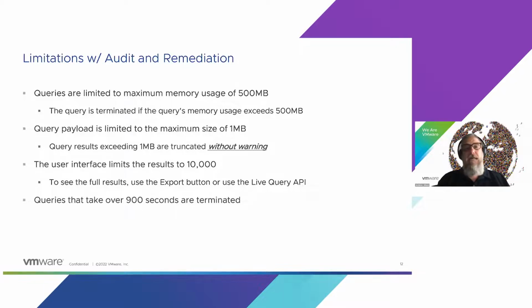Queries that take over 900 seconds are terminated. What we see happen a lot is people leveraging the Yara table are not being as prescriptive as they should be. They're trying to run a Yara query against an entire file system. Those will typically time out, both from potentially exceeding memory usage, but also because the query is taking so long to return.